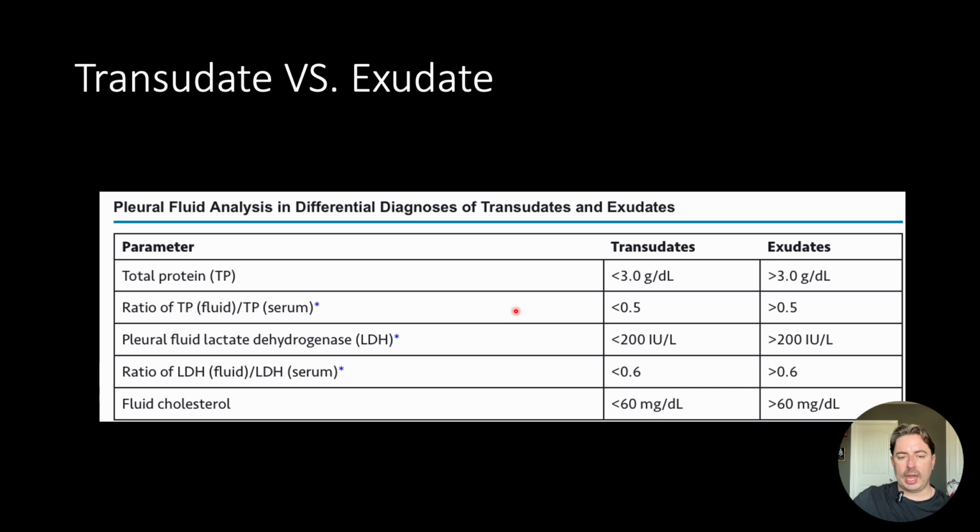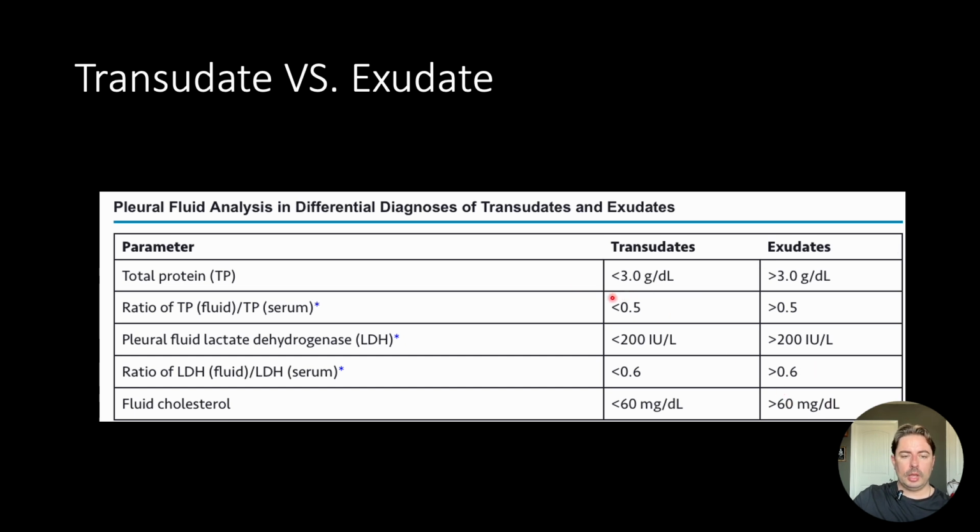We look at the total proteins, the ratio between fluid and proteins, the lactate levels, the ratio between the LDH of fluid and the LDH of serum, and the cholesterol, which all help us differentiate transudate versus exudate.